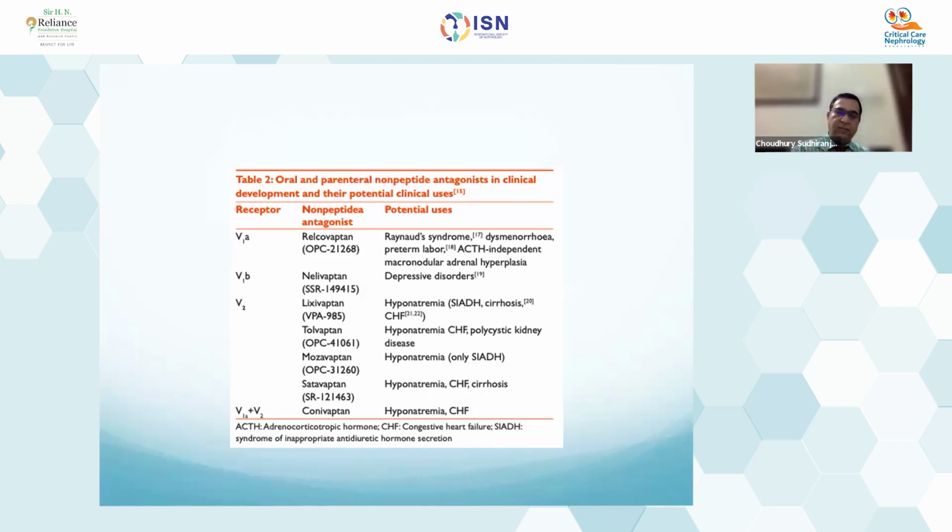However, conivaptan has been used only in those group of patients where SIADH, euvolemic hyponatremia is there, and rarely in congestive heart failure, since it has got vasodilatory properties, and that will cause splanchnic vasodilatation as well as intracoronary vasodilatation, and that will lead to heart failure, and sometimes it can cause more trouble in cirrhotic patients.